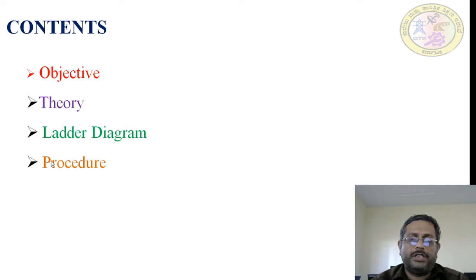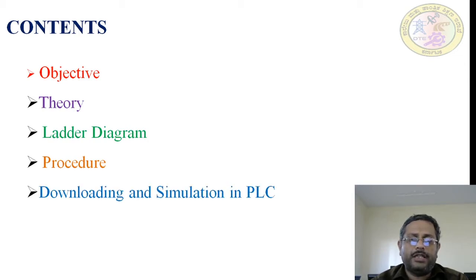Then we'll see the procedure for writing the program in the programming device using a software, and then how to simulate by downloading it into the PLC trainer kit. Then we'll see how to download and simulate in the PLC. Then we'll end the experiment with the result.